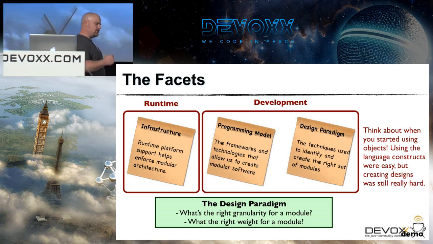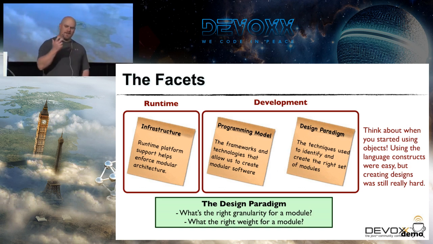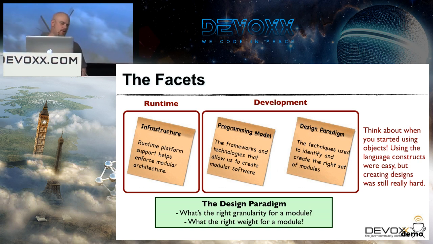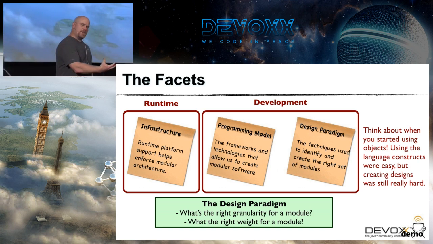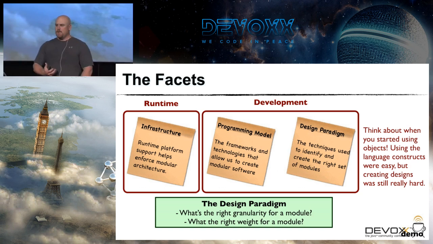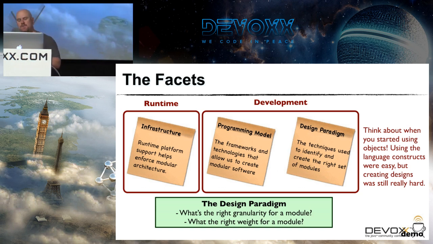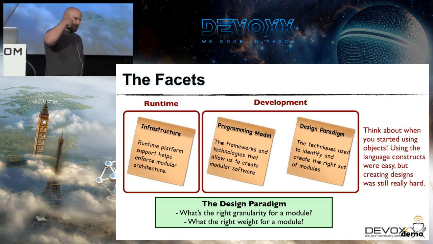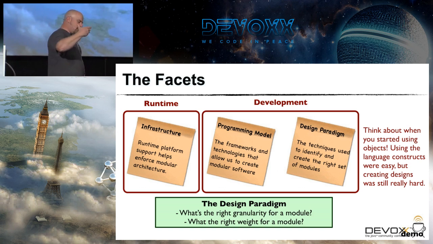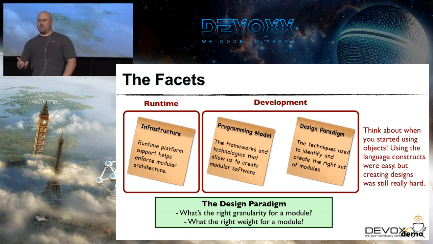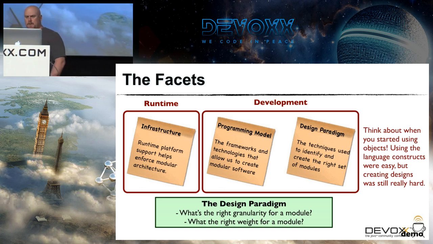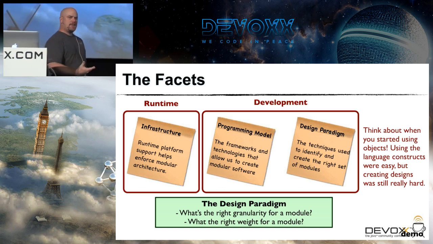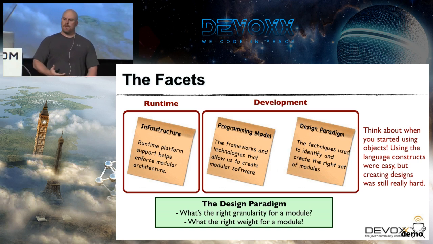It was relatively easy to understand how dynamic binding worked, how if I bound to an abstract class, I could substitute an implementation at runtime. So we can draw an analogy between the object-oriented paradigm and modularity to a certain extent, in that the various keywords that allow us to implement object-oriented constructs are essentially the programming model surrounding the OO paradigm. From an infrastructure standpoint, the runtime standpoint, it's the dynamic binding that takes place as we run our systems.